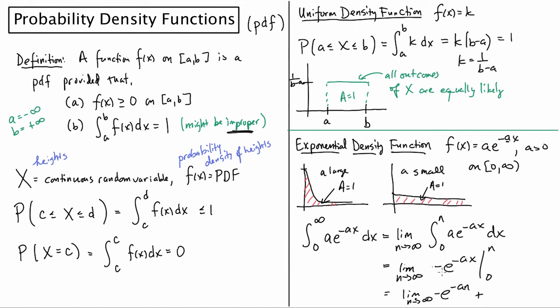We're going to get plus e to the 0. And the point is, looking at this limit, because a is greater than 0, the limit of this first piece is 0. e to the 0 is equal to 1, so for any value of a greater than 0, this forms a PDF. Now the question is, how is this one going to be useful?